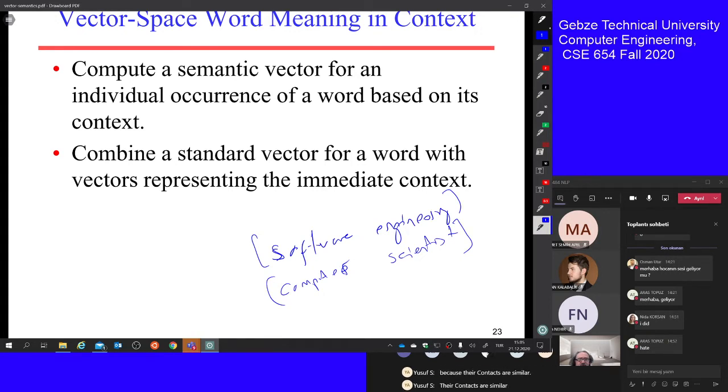And all I am doing here is unsupervised. I am not doing this in a supervised way.